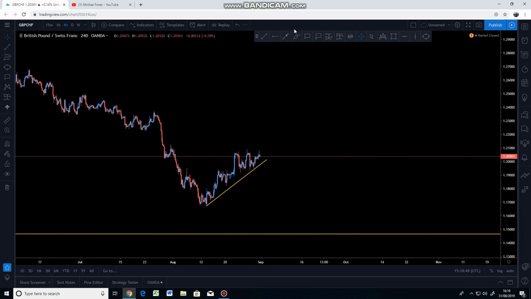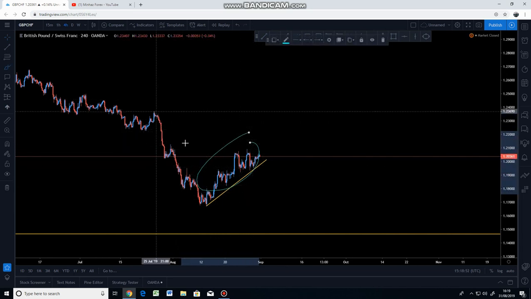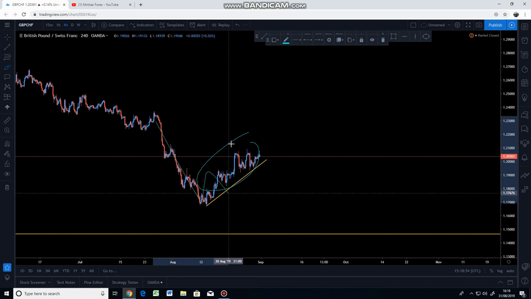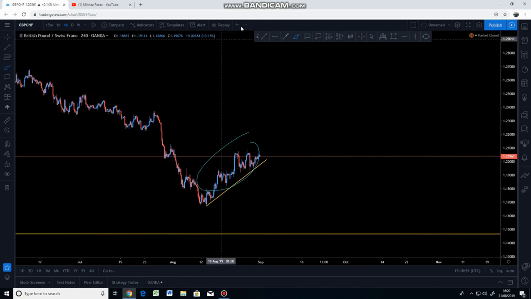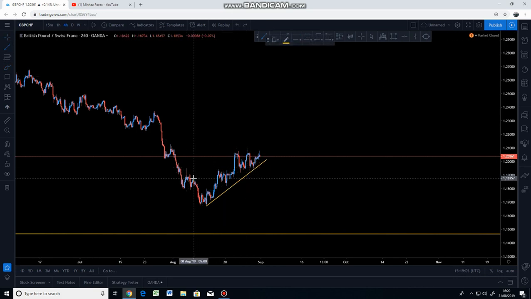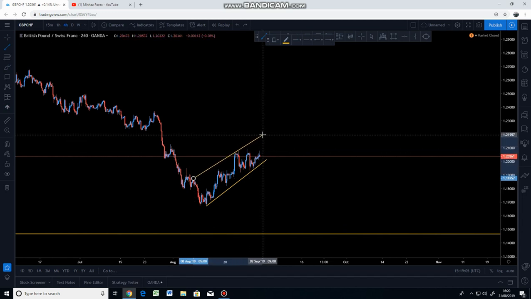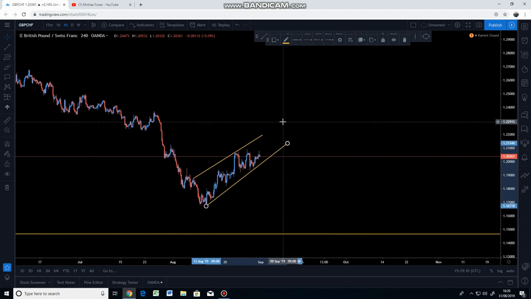This whole movement is really corrective, which indicates this could just be the impulse, that's the correction, and then another impulse. And then you could have another trend line drawn in here. So that's a nice little ascending channel to get to the upside.